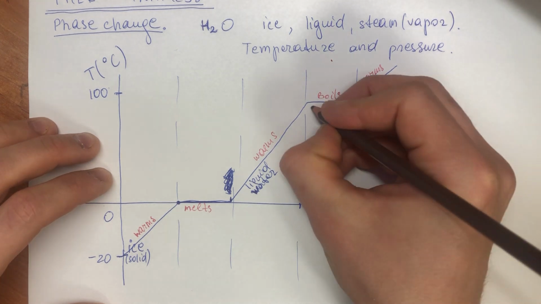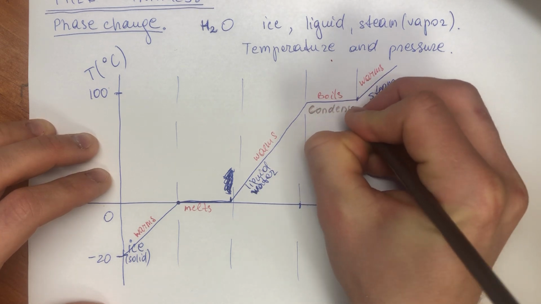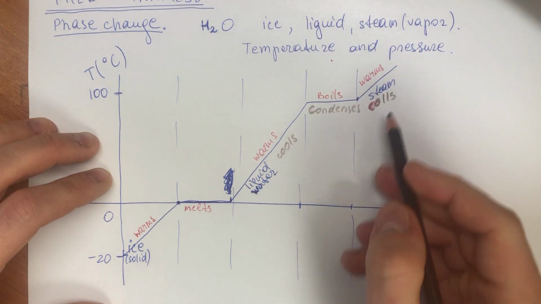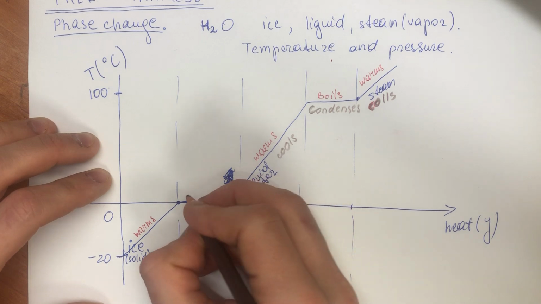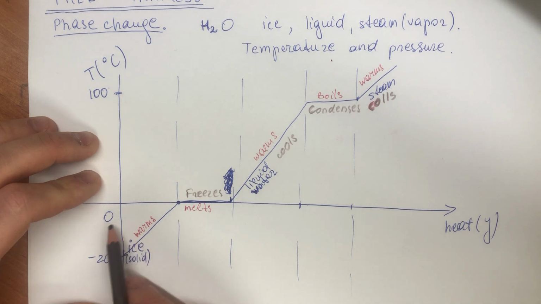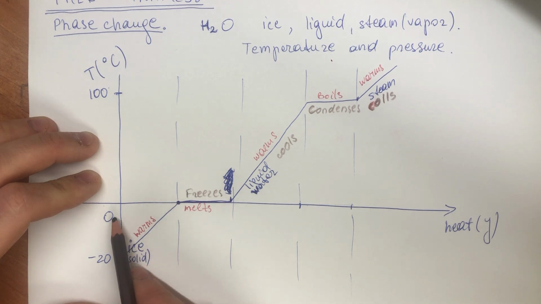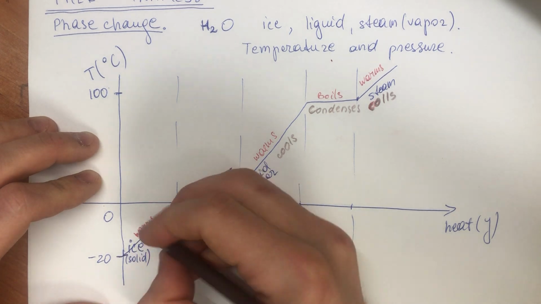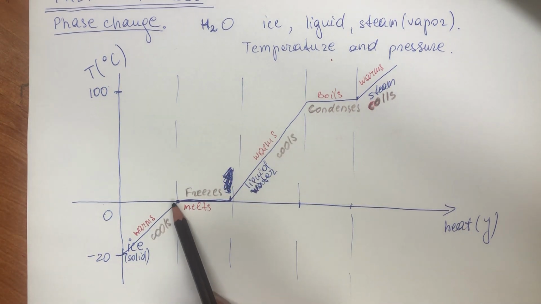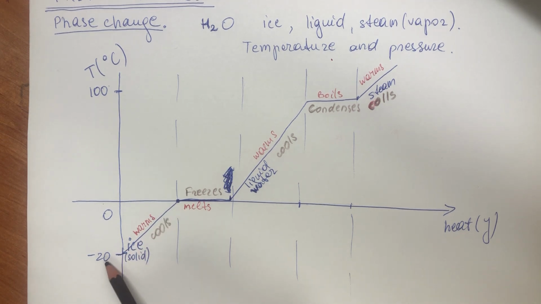Here steam condenses to water. Here it cools again. Going backwards, here water freezes. So you see, at 0 degrees the ice either melts or the water freezes. It's a transitional temperature. And here it cools if we subtract heat. If we already have ice, we cool it and it reaches minus 20 degrees.